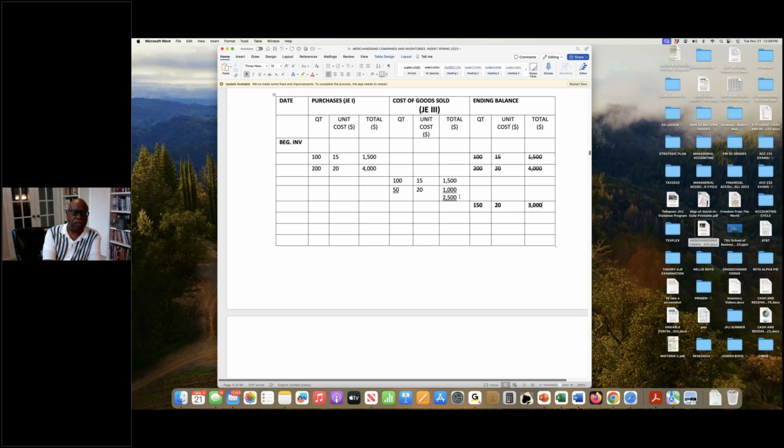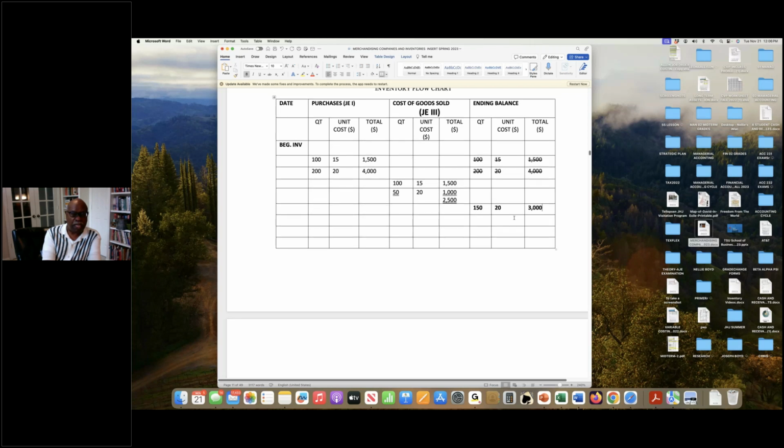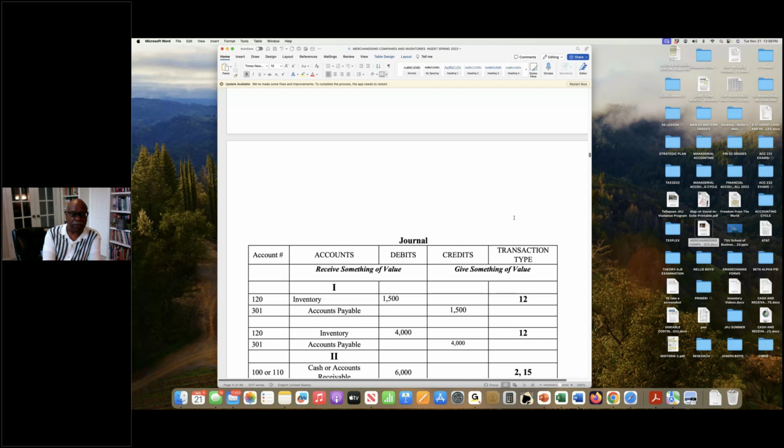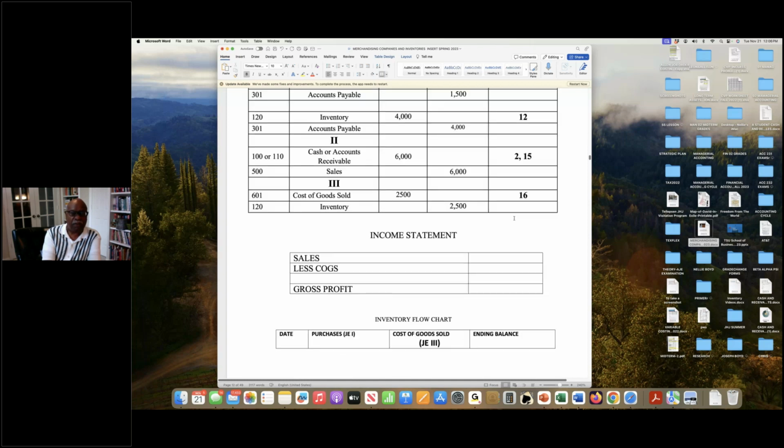It's computerized and everything, but this is what this card is doing. So now we're able to come up with our gross profit. The sales were 6,000, cost of goods sold 2,500, and our gross profit was 3,500.